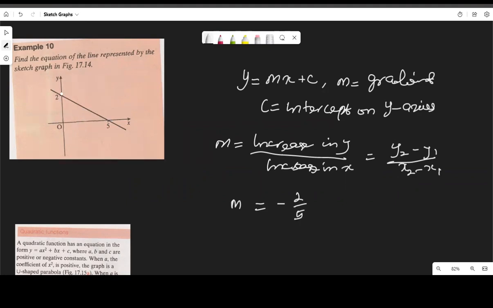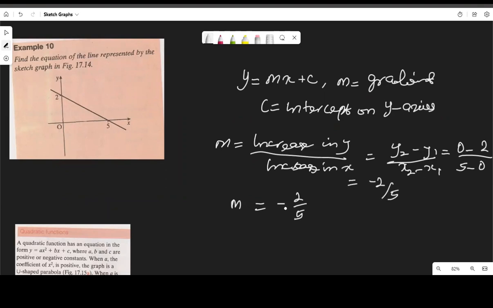Since the graph is decreasing, y1 is 2, then y2 is 0. Then that is 0, which is y2, minus y1, which is 2, all over x2, which is 5, minus x1, which is 0, because the graph started at 0. Which is 0 minus 2 is minus 2, and 5 minus 0 is 5.